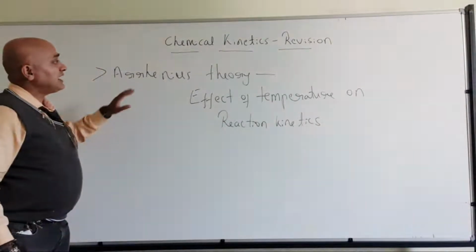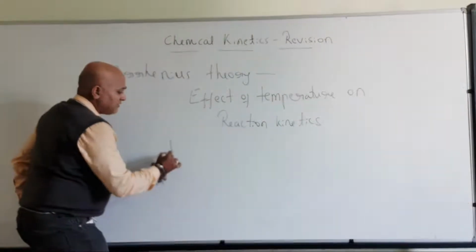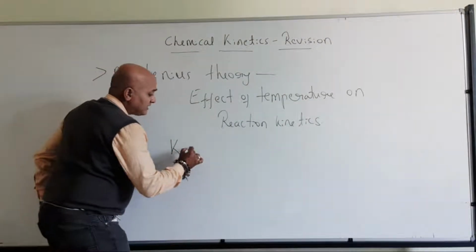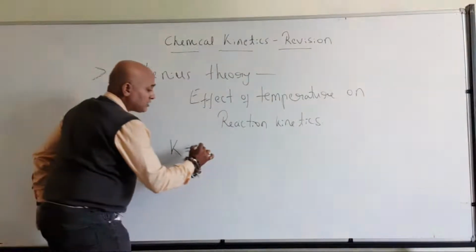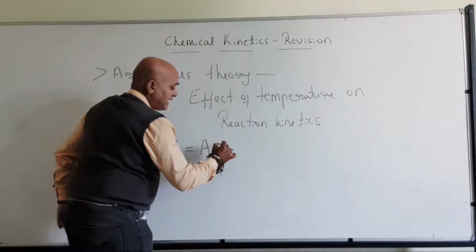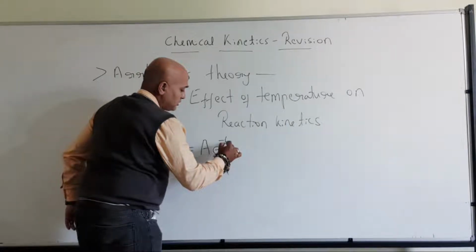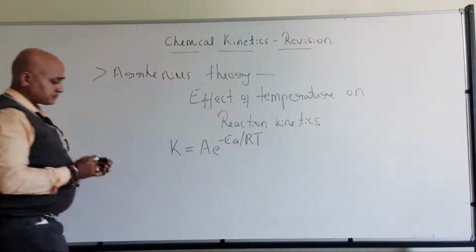So that's what Arrhenius theory talks about. He gave an equation where the rate constant is equal to the Arrhenius factor A e to the power of minus Ea by RT.